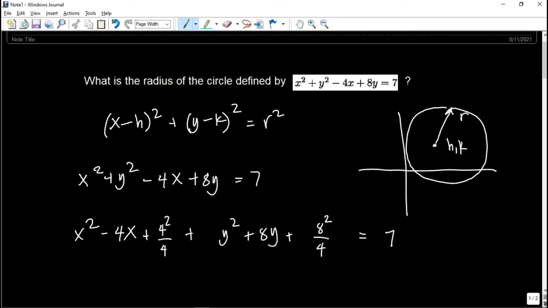Whatever we add on the left should also be added on the right side of the equation to make this balance. So this is 4 squared, that is 16, so plus 16 over 4, plus, for this one, 64 over 4. Whatever constant you add on the left side should also be added on the right side. Now this is a complete square.